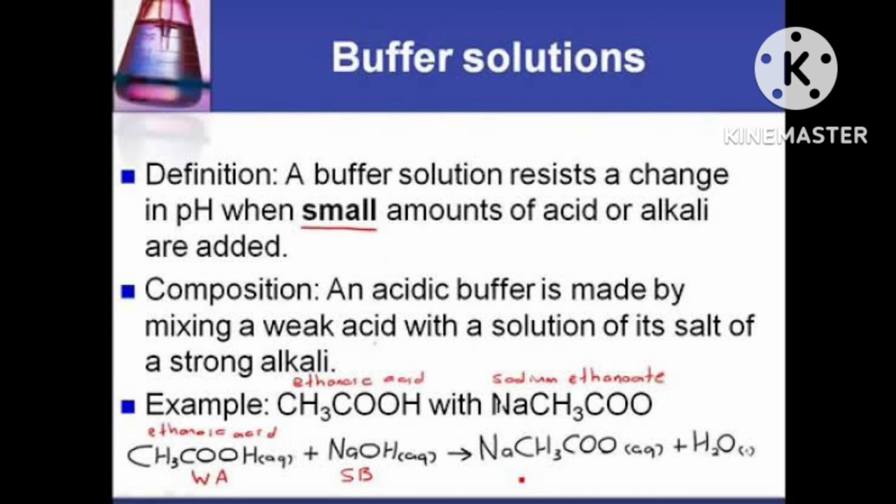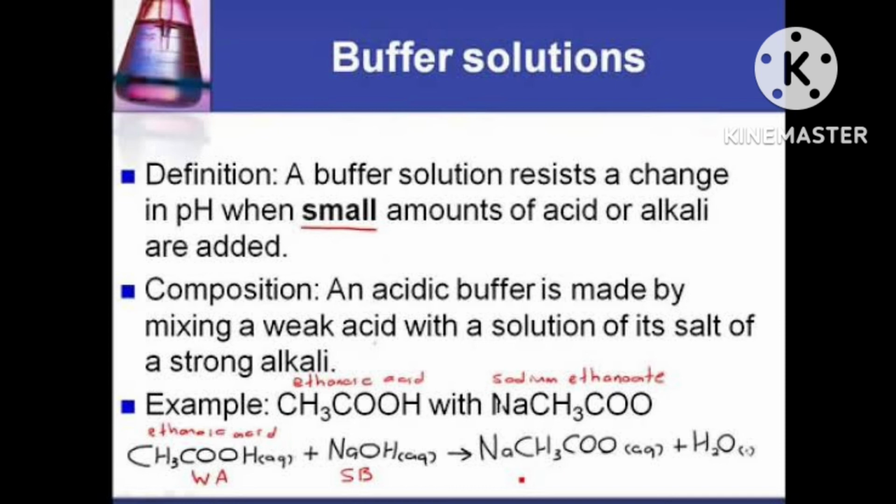Because you know that H ion concentration into OH ion concentration is equal to 10 to the power minus 14. Knowing one, you can know the other. That's why knowing the OH ion concentration is important. Now you got the OH ion concentration, 1.33 into 10 to the power minus 3.